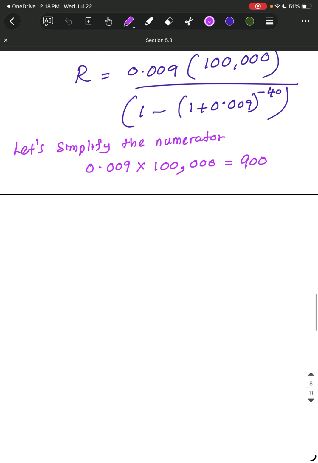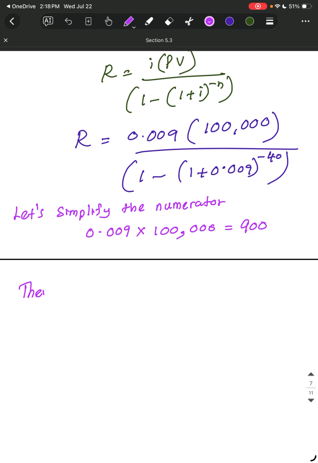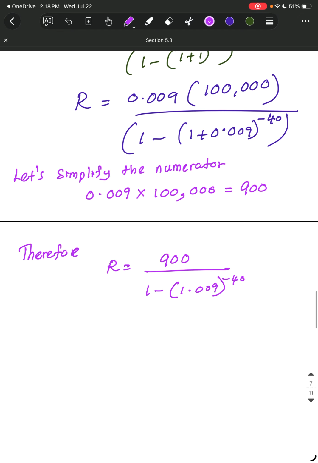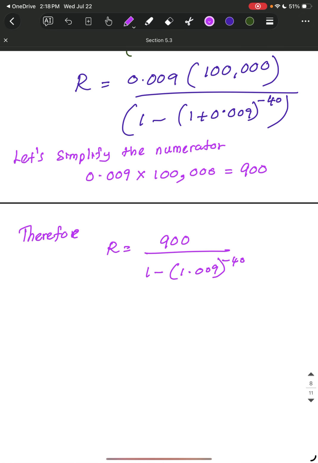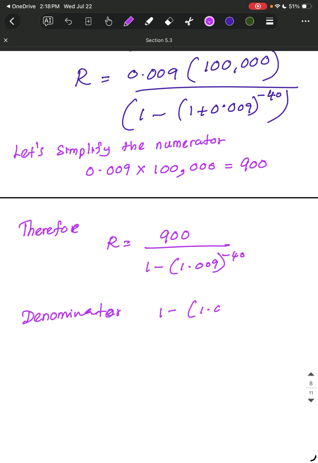Therefore, R becomes 900 over 1 minus 1.009 to the power negative 40. Then for the denominator, 1 minus 1.009 to the power negative 40. You can use your calculator to get the values.